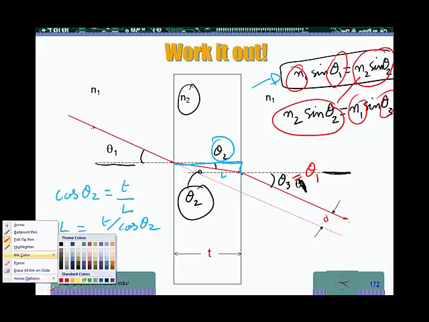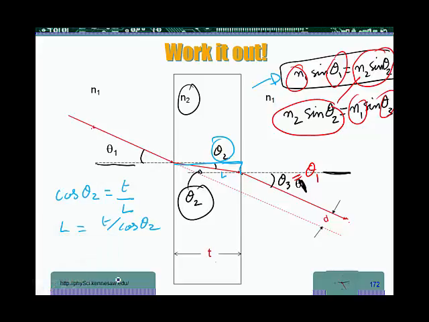Because my goal is not to find L, my goal is to find D. D is the displacement here, it's the same here. So let's consider this other triangle. I'm going to do a little erasing.